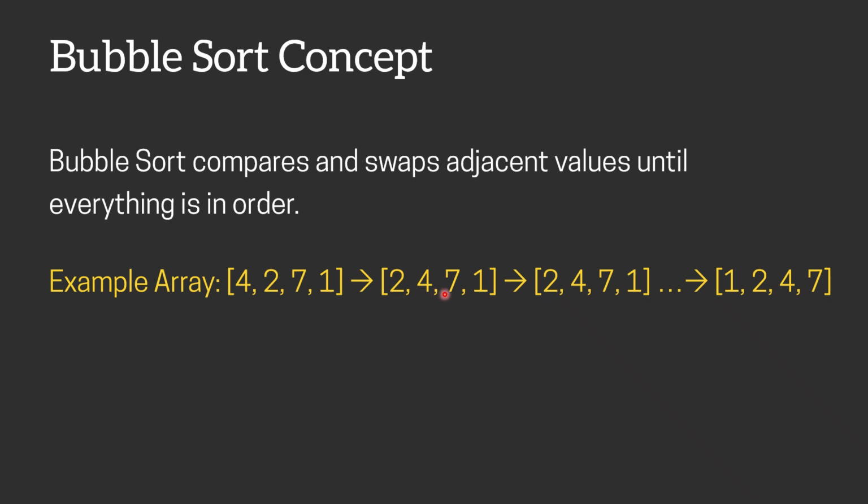Then we compare 4 to 7. There's no change because they're in the correct order. Then we compare 7 to 1, and we swap. We continue until no swaps are needed, ending with 1, 2, 4, 7. It's not the fastest method, but it's easy to understand.